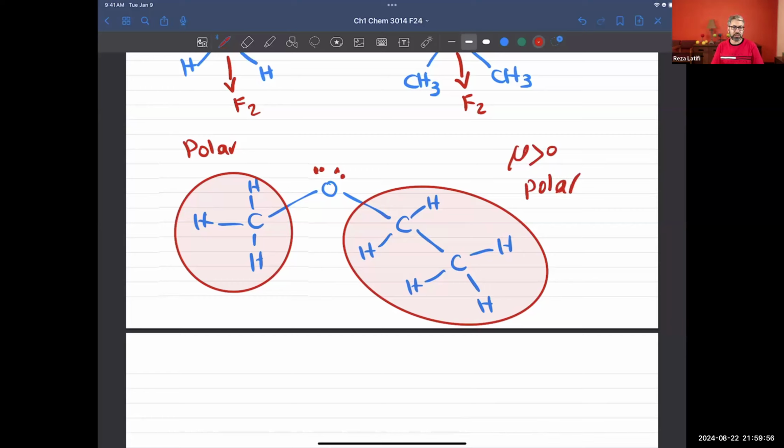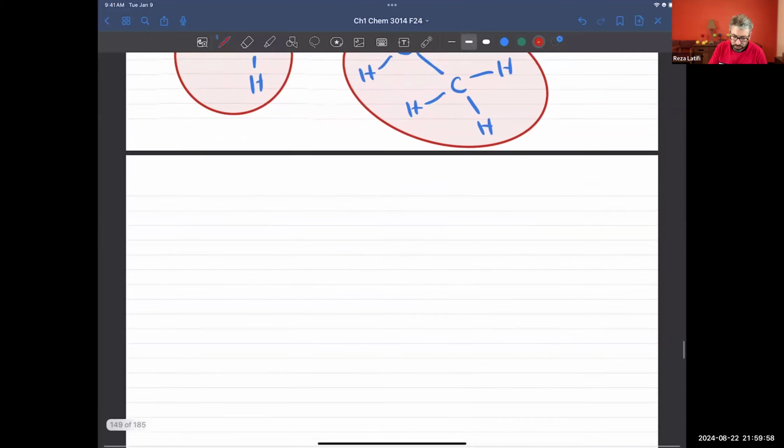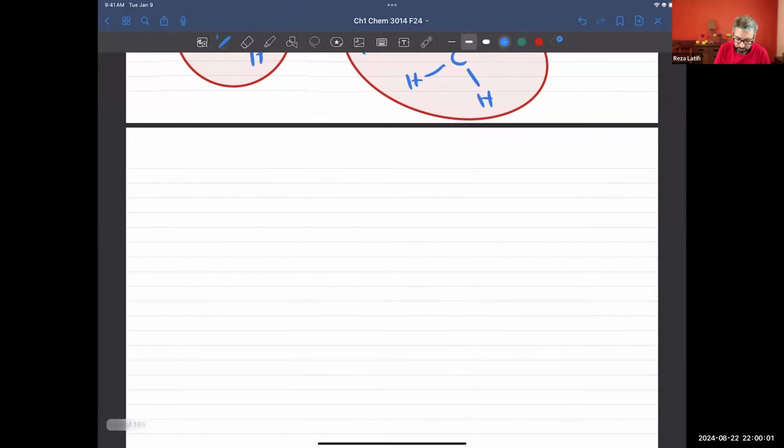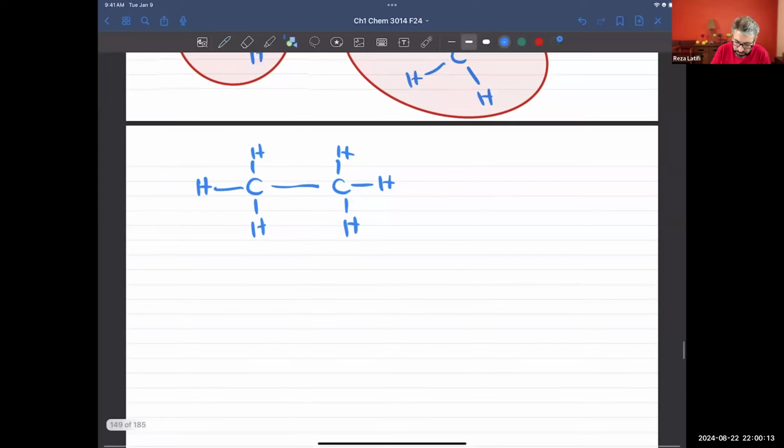And the last example I want to mention, what if I go with this? Is this one polar or non-polar? How about this? Why don't you chop the molecule in half?